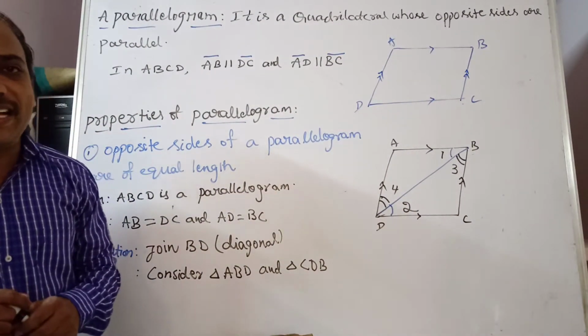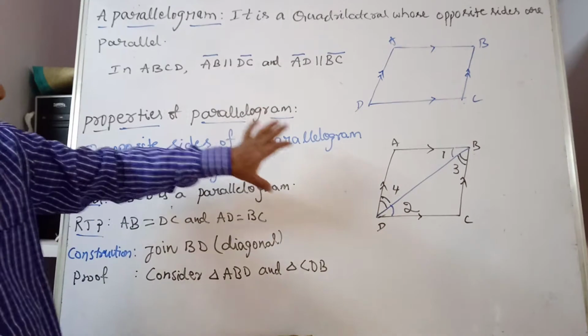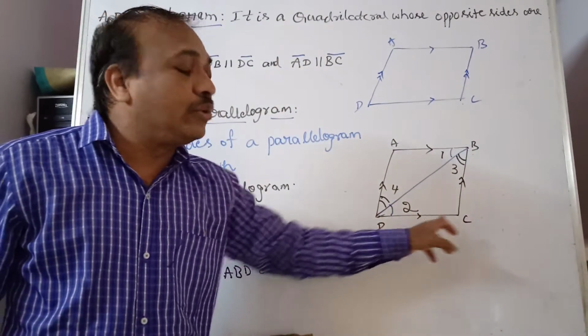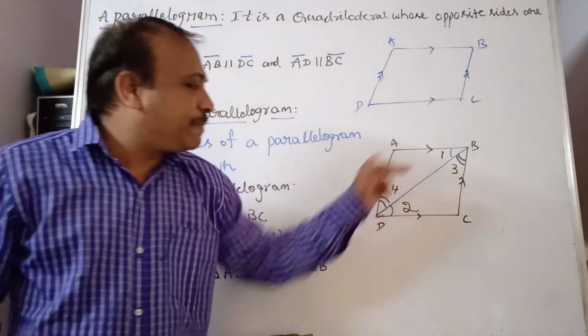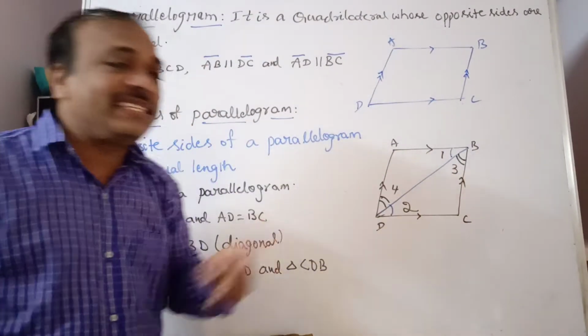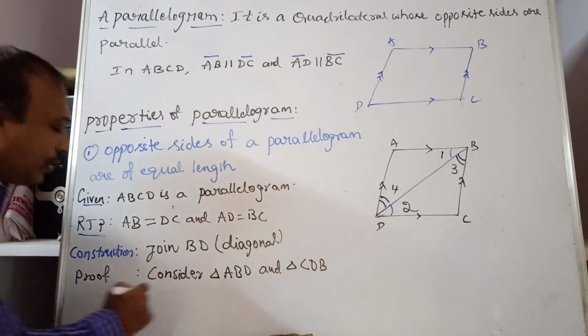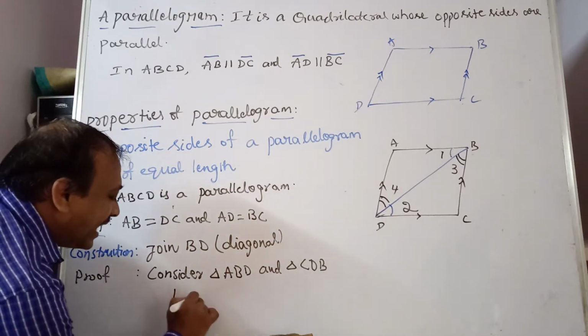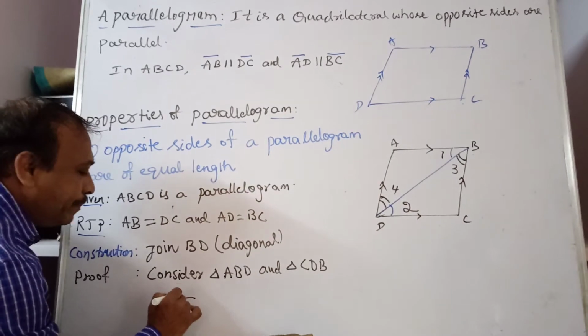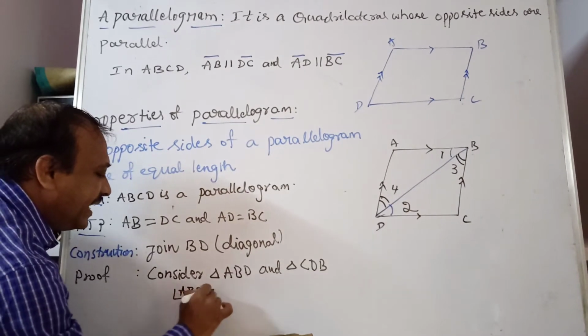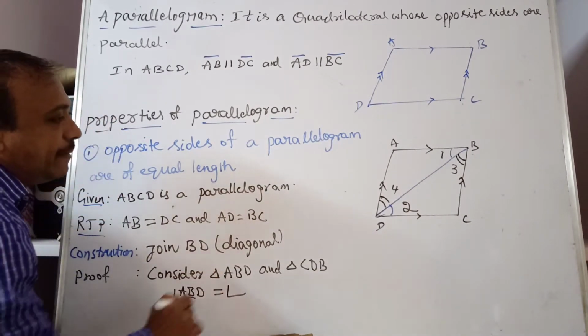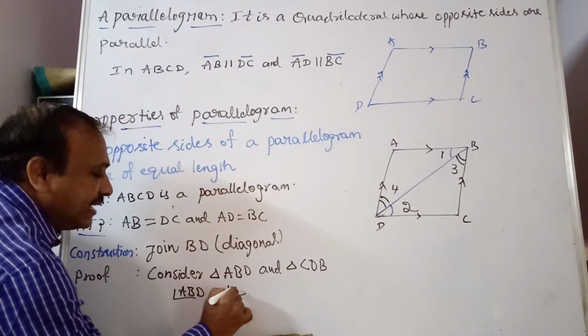Alternate interior angles are equal. How are they alternate interior angles? AB is parallel to DC and BD is the transversal line. So angle ABD is equal to angle CDB.